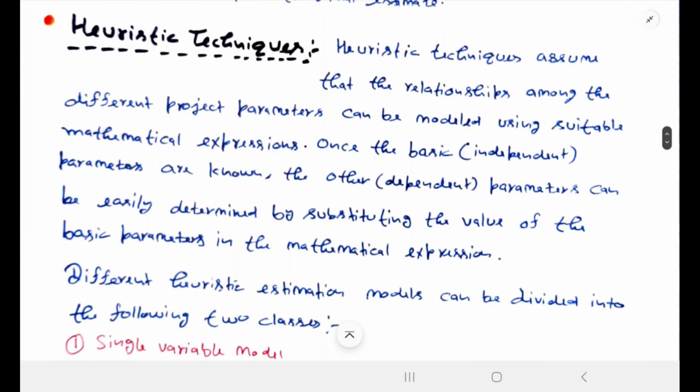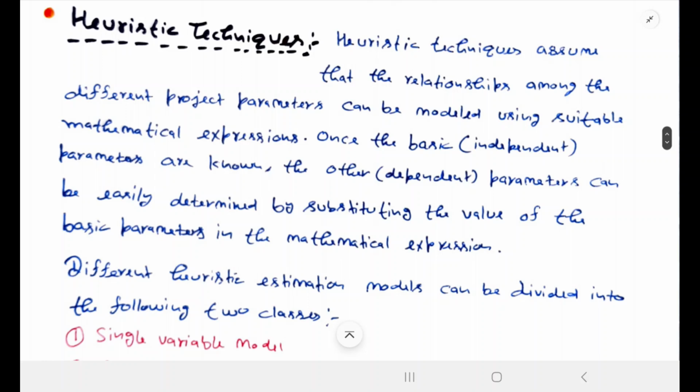This is our next major technique, that is the heuristic technique. In this technique, we assume that the relationships among the different project parameters can be modeled using suitable mathematical expressions. Once the basic independent parameters are known, the other dependent parameters can be easily determined by substituting the value of the basic parameters in the mathematical expressions.